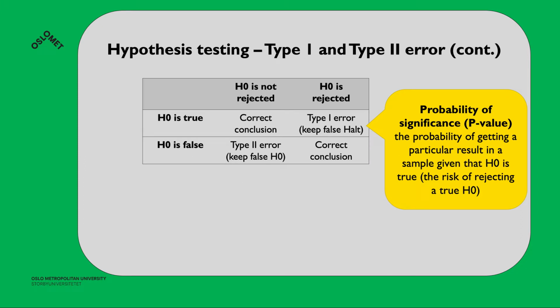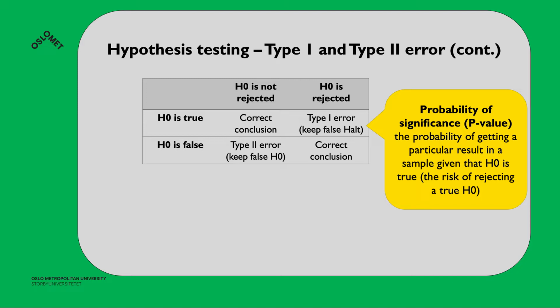Type 1 and type 2 error: if H0 is true and H0 is not rejected, that's a correct conclusion of our test. And if H0 is false and H0 is rejected, that's also a correct conclusion of our test.